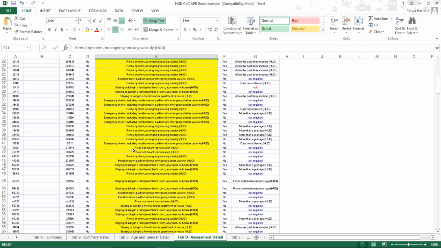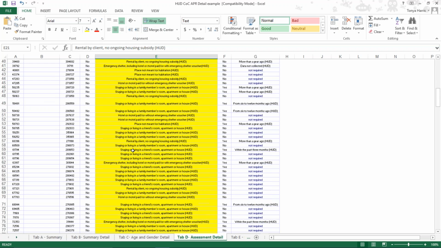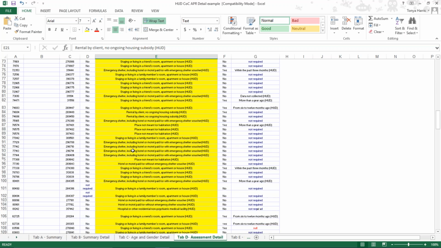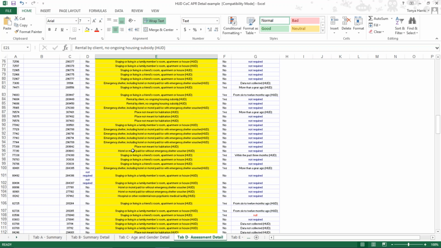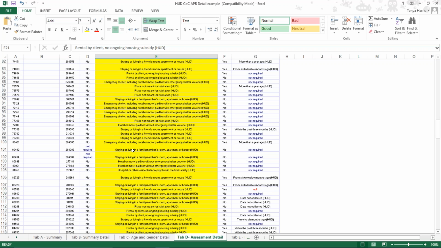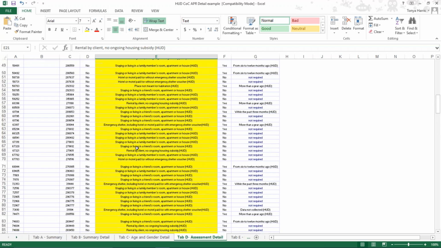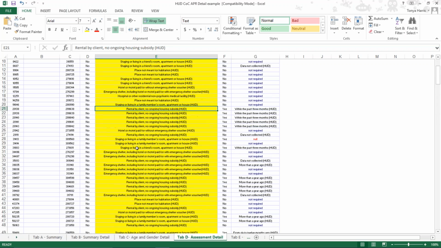So if I'm looking at this, I can't quite tell what kind of program I ran this for. It could be a rapid rehousing program because clients in rapid rehousing programs need to be homeless, and it looks like I'm seeing more homeless answers than not, but I am seeing on this particular report a lot of rentals.